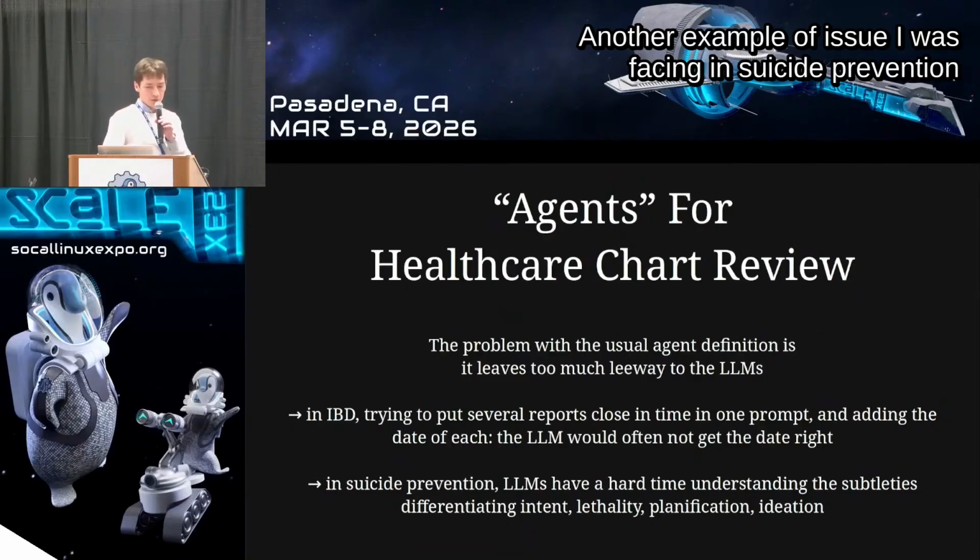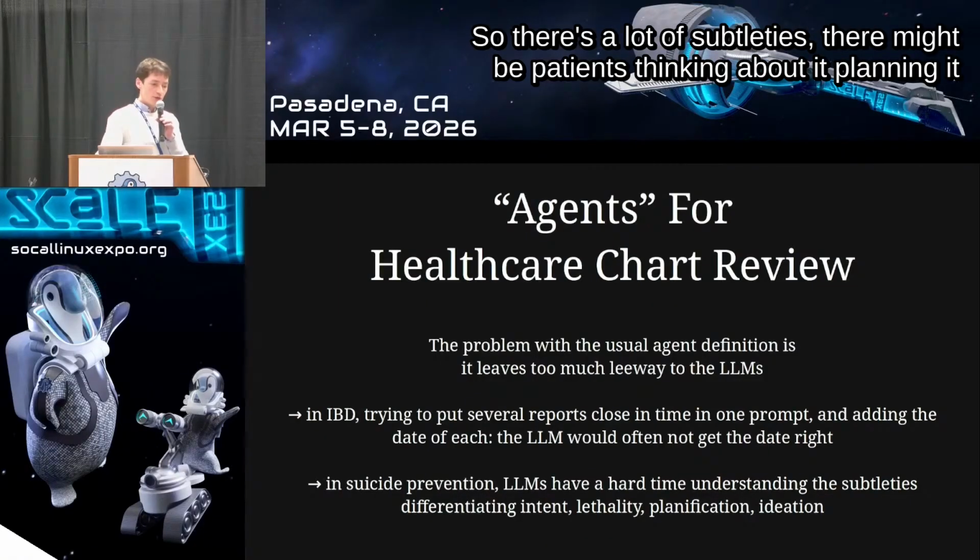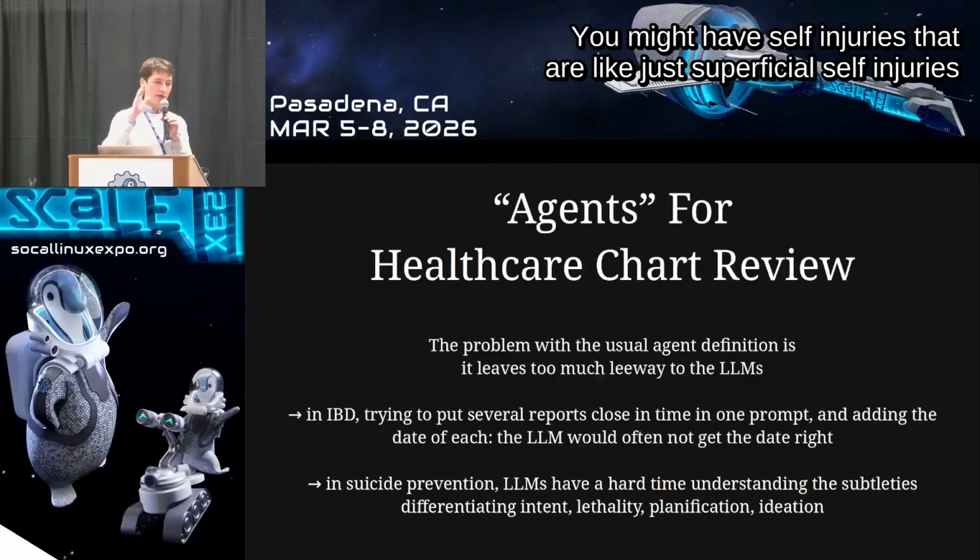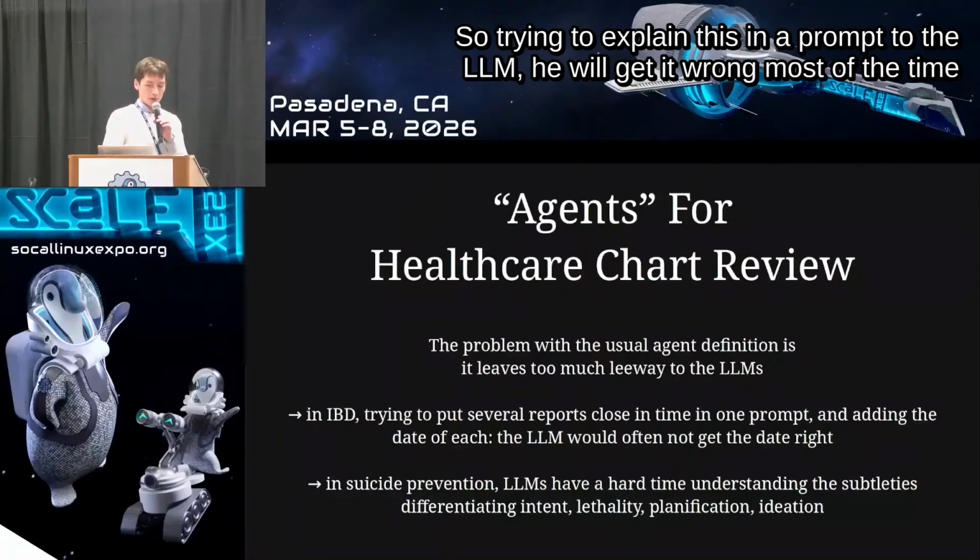Another example of an issue I was facing in suicide prevention. There are a lot of subtleties: there might be patients thinking about it, planning it, or you might have self-injuries that are just superficial. Trying to explain this in a prompt to the LLM, it will get it wrong most of the time.